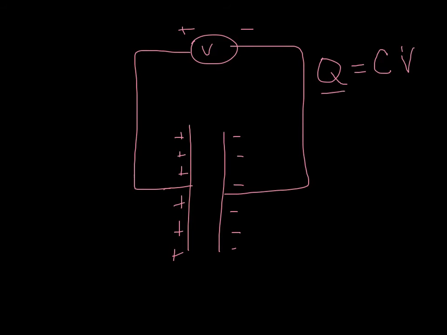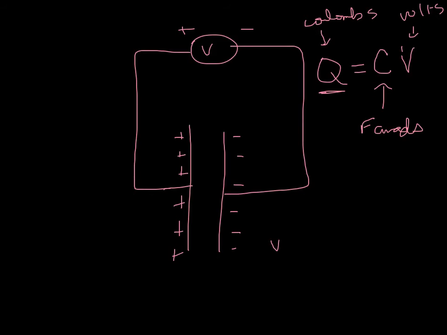Okay? The charge, so this is our coulombs. Our coulombs go here. Our coulombs do not go in for C. Our farads go in for C, and V is our volts, our voltage, or our potential difference.